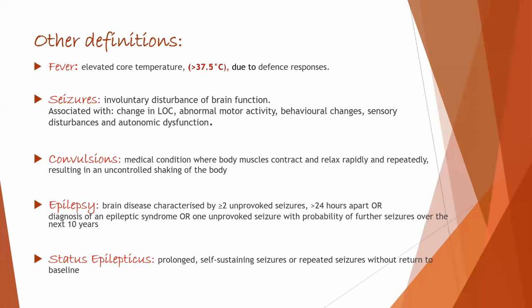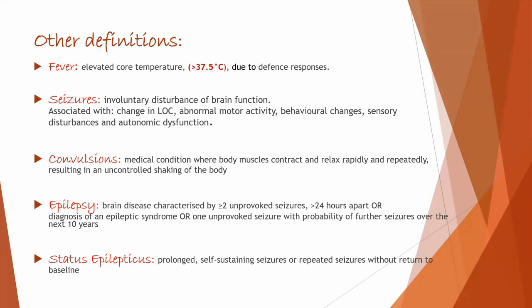Then convulsions. Convulsions are medical conditions where the body muscles contract and relax rapidly and repeatedly, resulting in an uncontrolled shaking of the body. When you have multiple of these, then you get epilepsy.